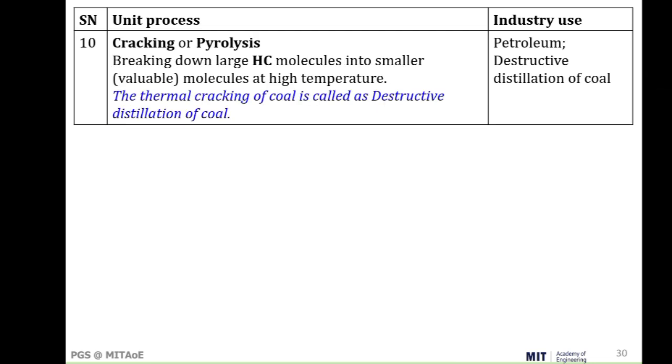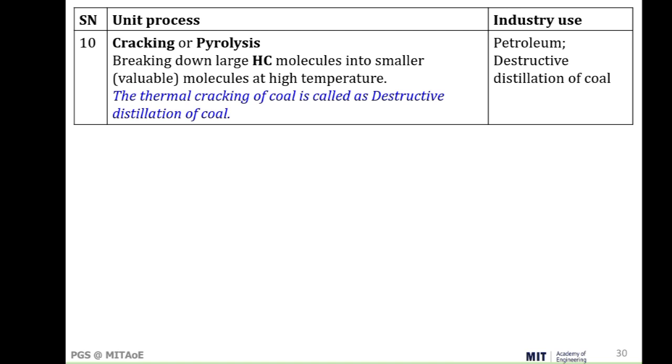Another unit process is cracking or pyrolysis. It is basically the breaking down of large hydrocarbon molecules into smaller molecules at high temperature. The targeted molecules are valuable compounds. So cracking is involved in petroleum, in the refinery industry.